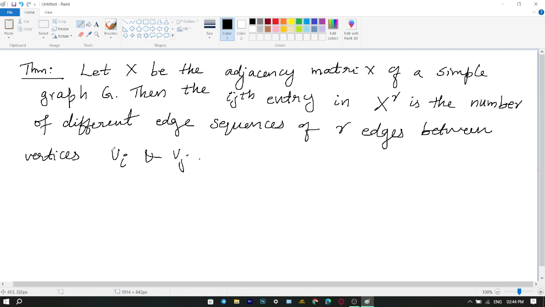Here we can prove this theorem by using induction on R. Okay. Now we can consider a corollary.